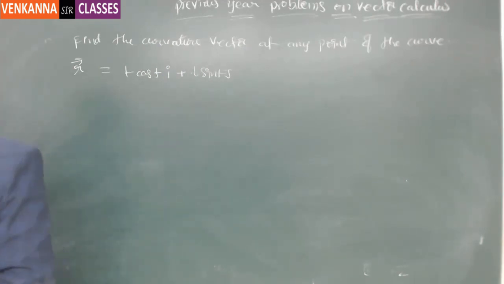So find the curvature for this. Got it? You can try this. This is just finding the v value and a value, that is the first derivative and the second derivative, and then calculating v bar cross a bar divided by modulus of v bar cube.